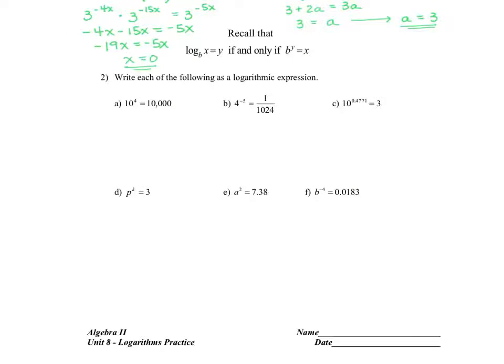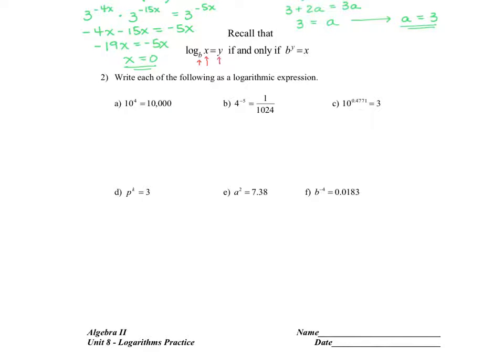So the answer for D is a equals 3. The next skill we're going to review is rewriting exponential equations in logarithmic form. If you remember what that looks like, it's log base b of the argument equals the exponent.